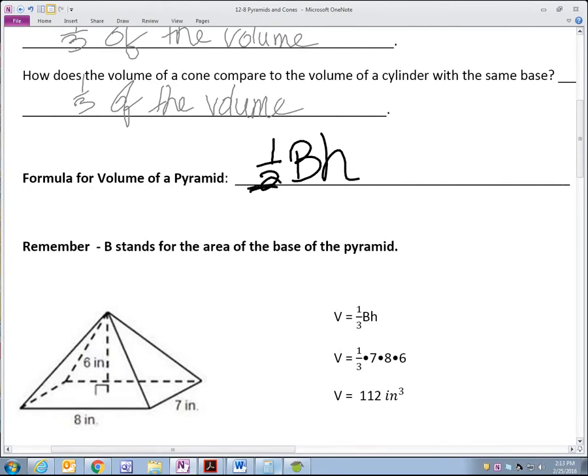I did that all 3 class periods today now. I'm going to do it again, watch. Okay, 1/3 base times the height, because we know that the base, and keep in mind, as it says right below it, remember the B stands for the area of the base of the pyramid.